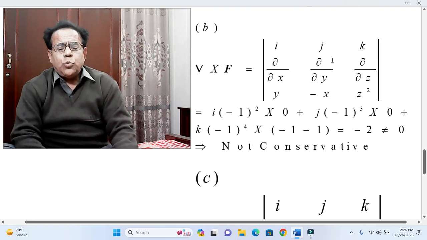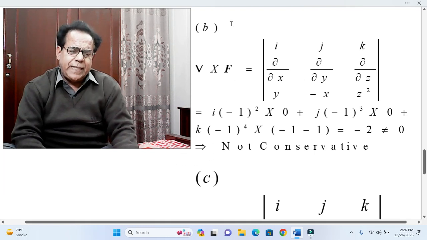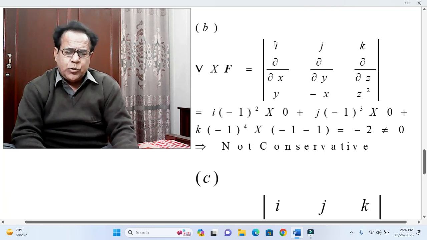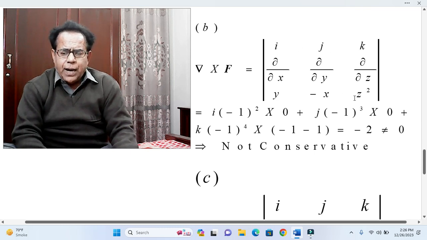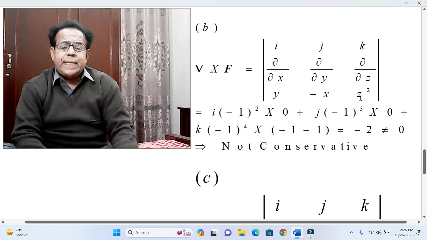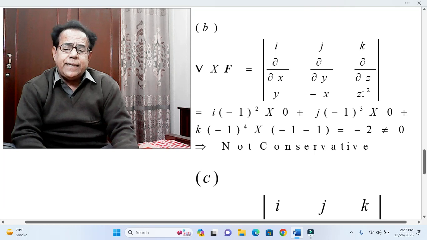So here, in the same manner as we did in the previous part A, minus i times (-1) square into 0, because dear students, this will be terminated. The partial derivative of z with respect to y is always 0, with respect to x is also 0. Only with respect to z it can be 2z, but here it is not.